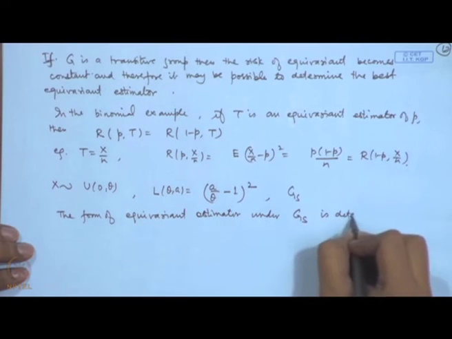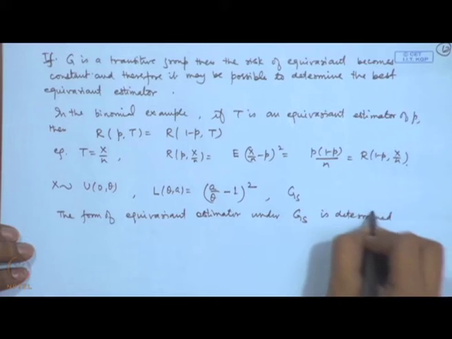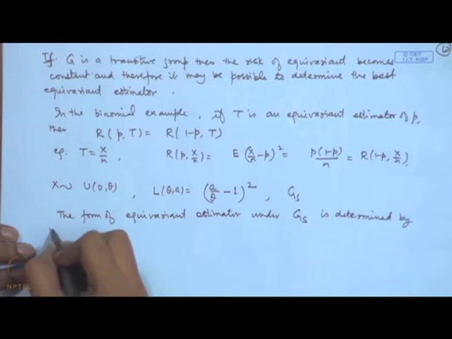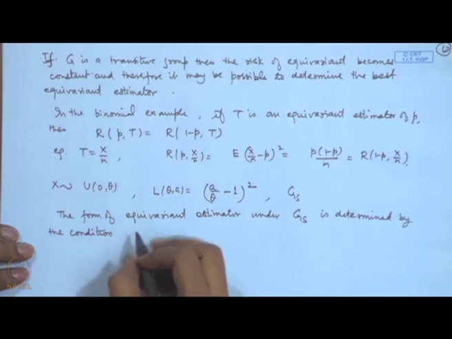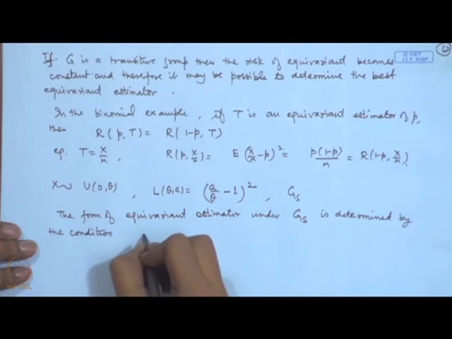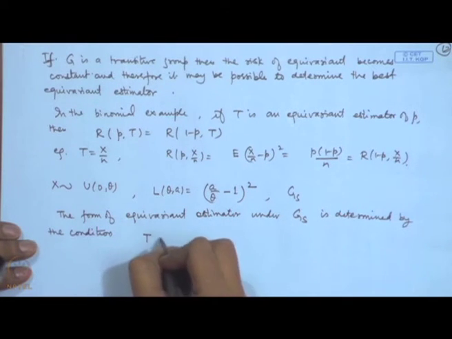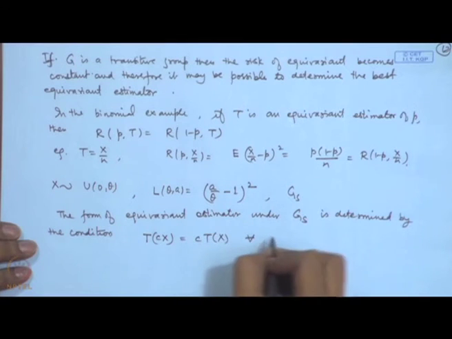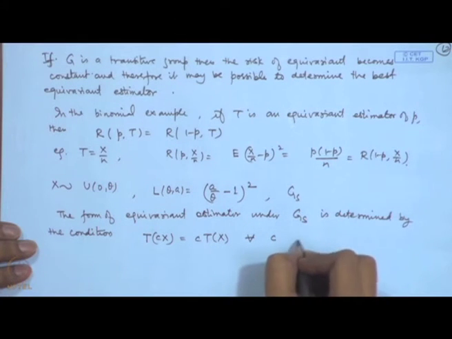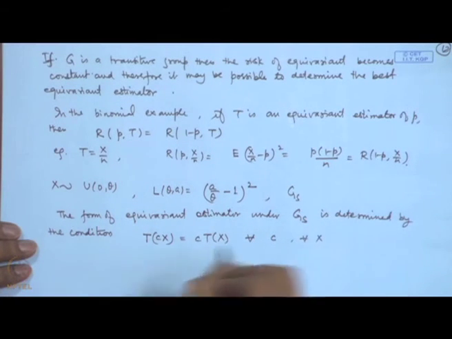It is determined by the condition T of c x is equal to c T of x, for all c and of course for all x.